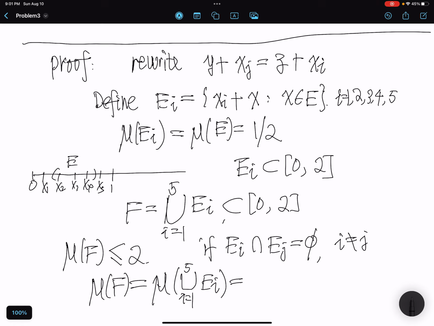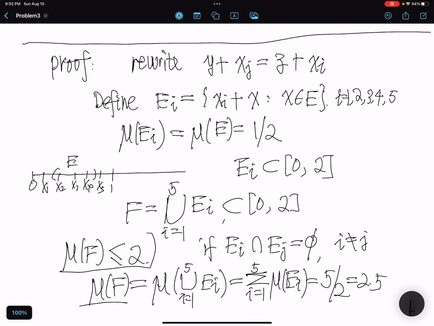So by the additivity of the Lebesgue measure, this is the sum of each individual one, and each measure from here we know is 1/2. So this is 2.5. But we know this is at most 2. So a contradiction.